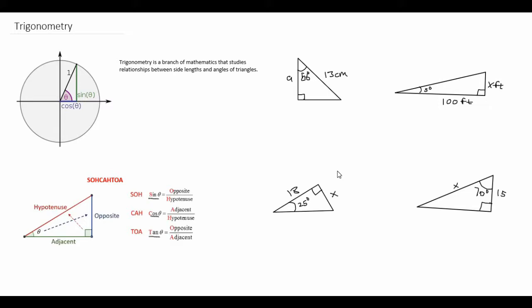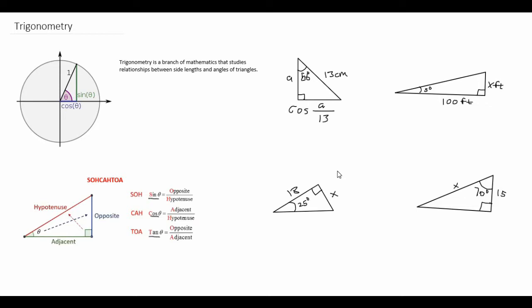This is the hypotenuse. This is the adjacent to this angle. So which one has adjacent and hypotenuse? That is the cosine. So right here, you'd know that you'd need to use cosine. The adjacent is A here, and then the hypotenuse, which is 13.